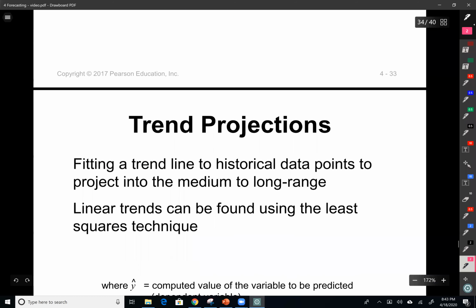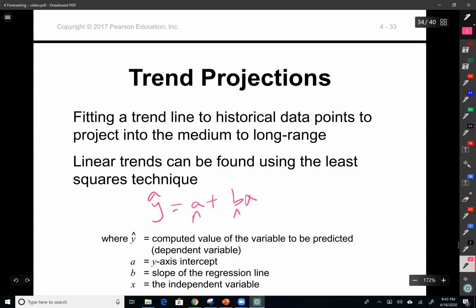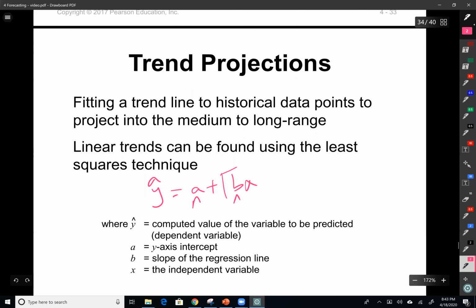I could use associative forecasting, and it starts with the trend projection, which is basically your simple linear regression line, which is a plus bx. This is your slope and this is your y-intercept. So b is your slope and this is your trend line.